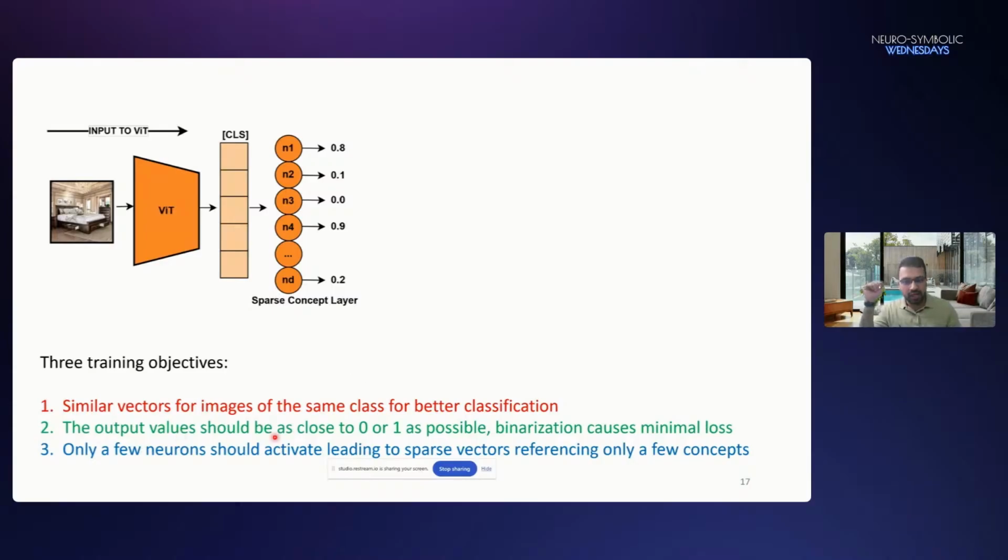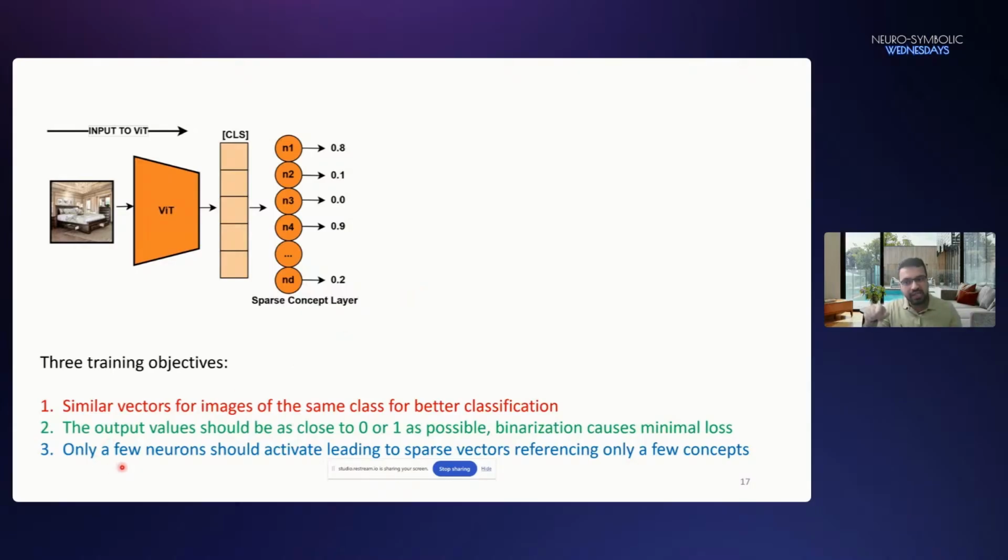Then the output values should be as close to 0 or 1 as possible, so that when we just do a 0.5 thresholding, there's as little information loss as possible later on. We want, during the training itself, the values to go to the extremes as much as possible. So every value should be as close to 0 or as close to 1, right?